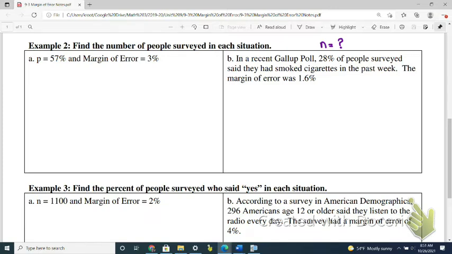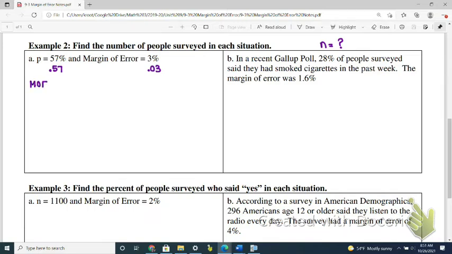We have P is 0.57. Margin of error, we need to turn that into a decimal as well. So that's 0.03. Remember, you divide by 100. Now we're going to write our formula.